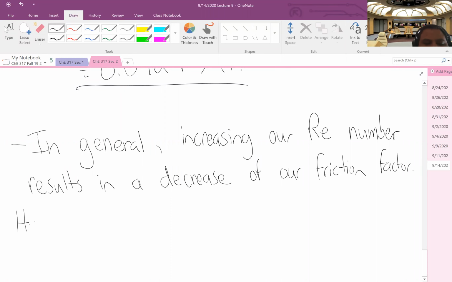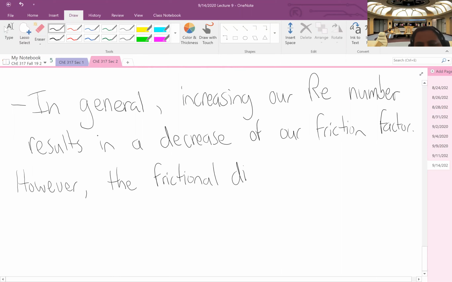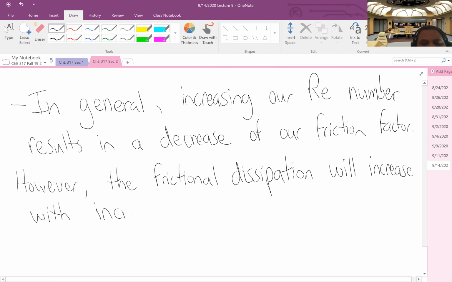However, the frictional dissipation, what I mean by that, the actual energy loss, will increase with increasing Reynolds number.